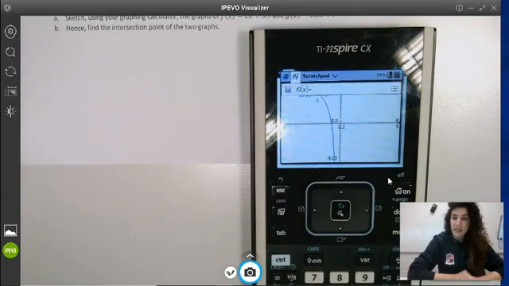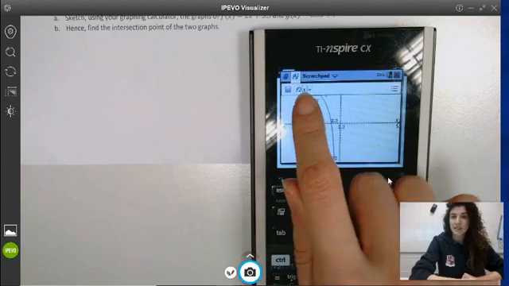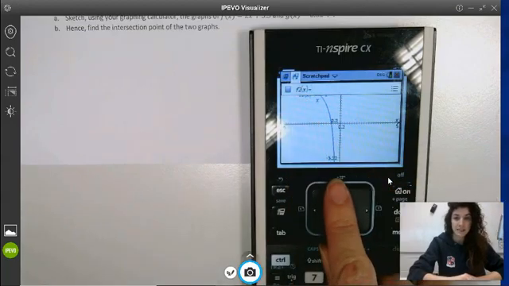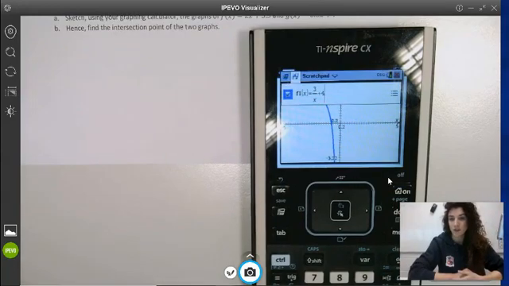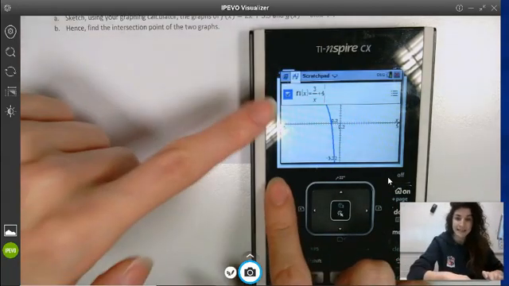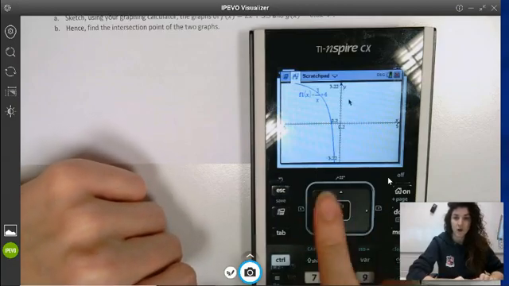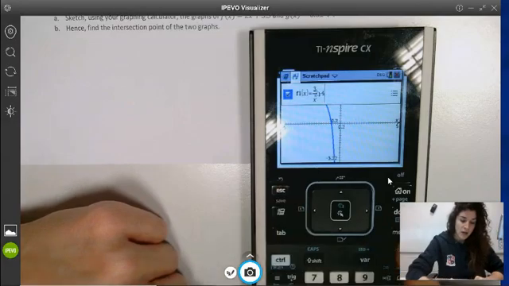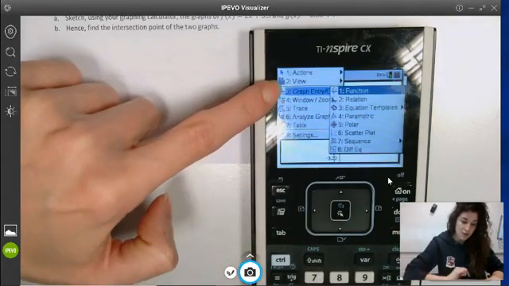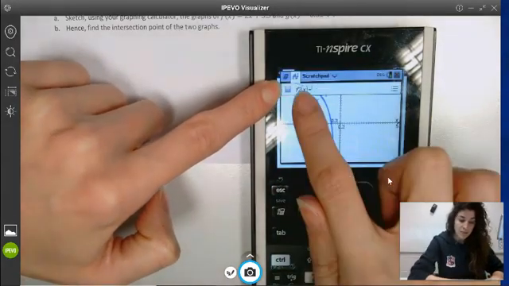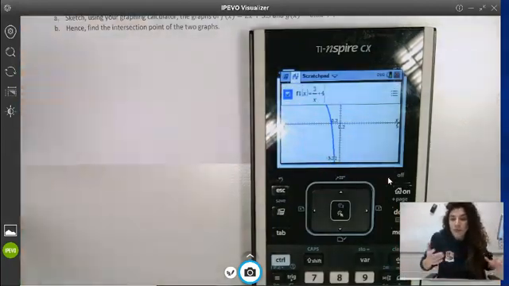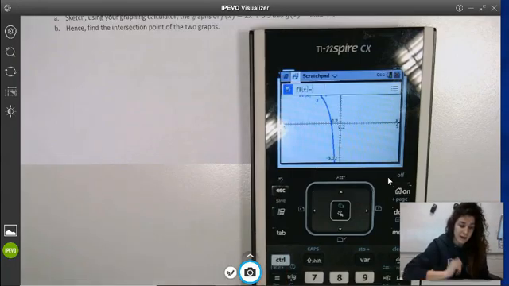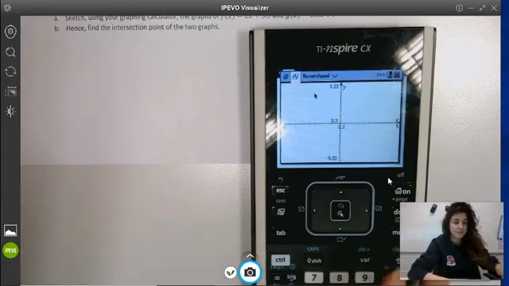I double click in the white space and it brings me to, notice it says F2 of X. There is an F1 of X. If I just press this up button, it brings me to what I just graphed. There's more than one way to get to this point. I'm going to press escape. I could also hover over the graph that's already there and double click on it. I could also do menu, graph entry, function, and it brings me to F2 and then I scroll up, but that's, I think, the hardest way to do it. But anyway, we want to delete that guy, so I delete it, press enter.